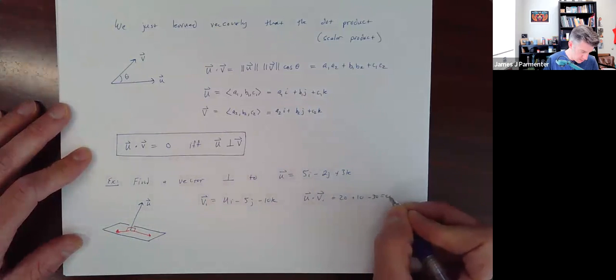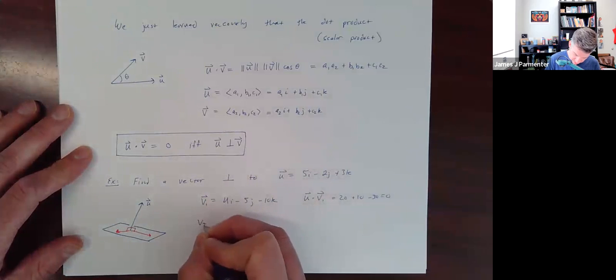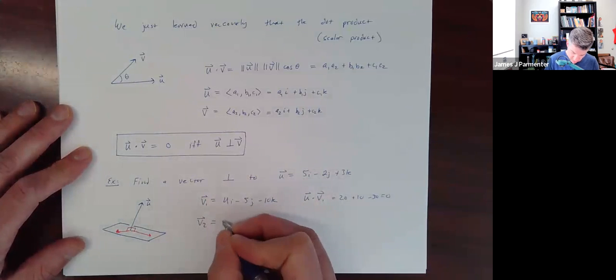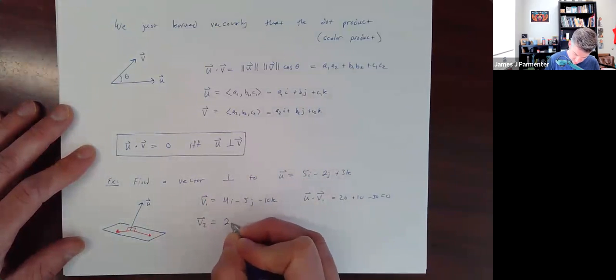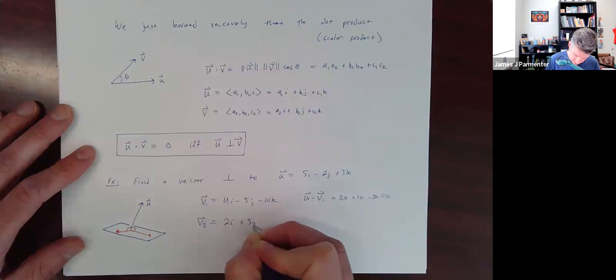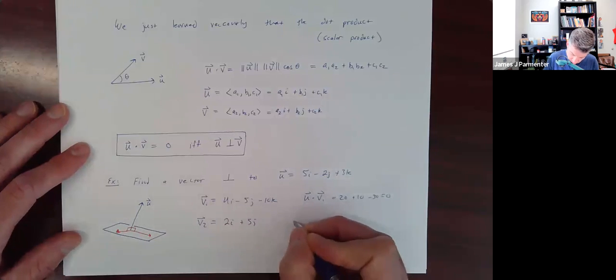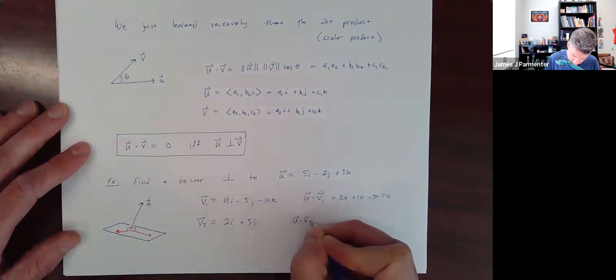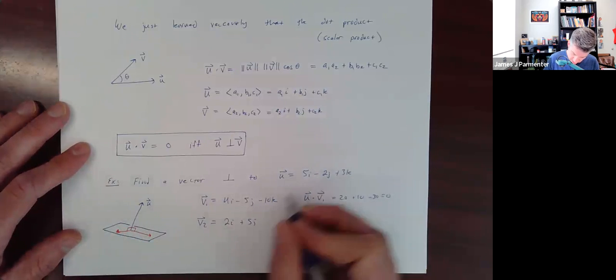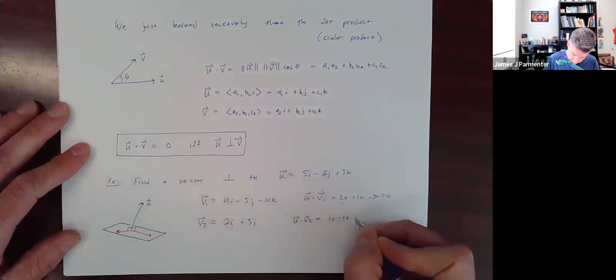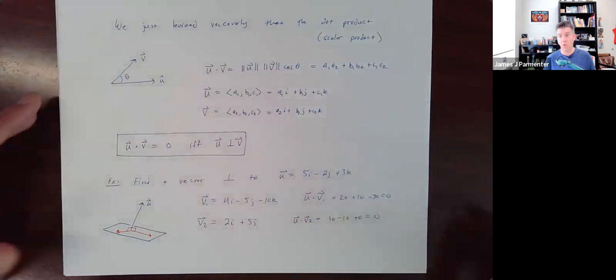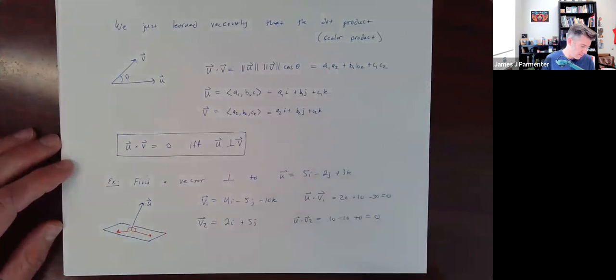Yep, that's 0. Or you could find another one. You can make up something silly like 2i plus 5j plus 0k. And then u dot v2 is 10 minus 10 plus 0, which is 0. And you could go on and on and on like this.